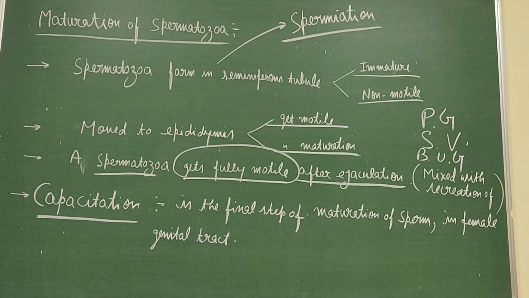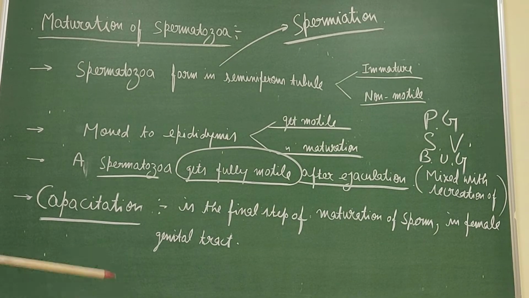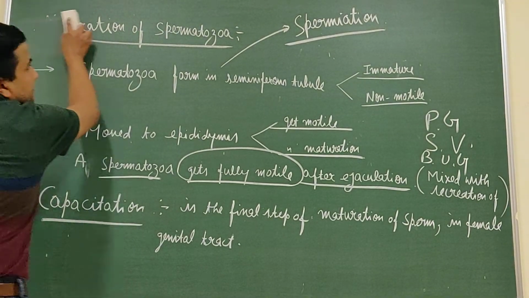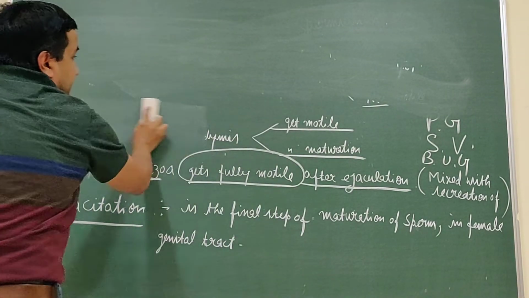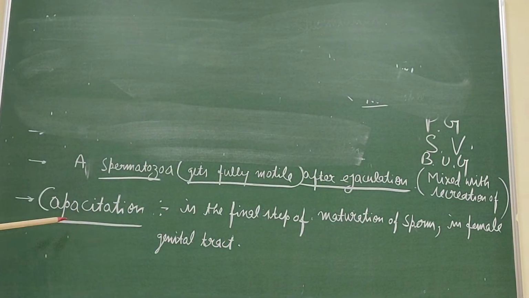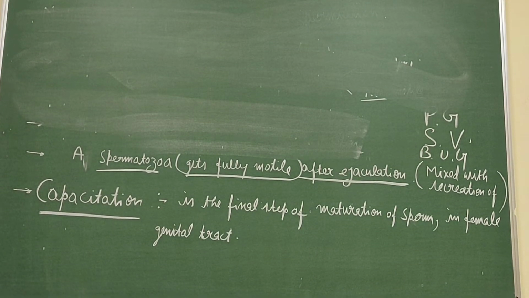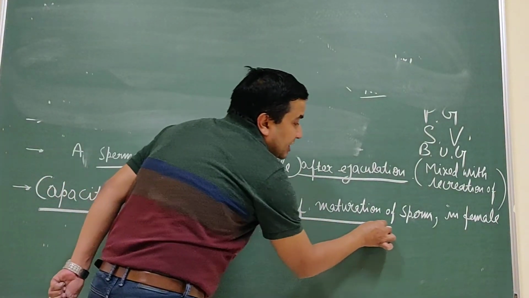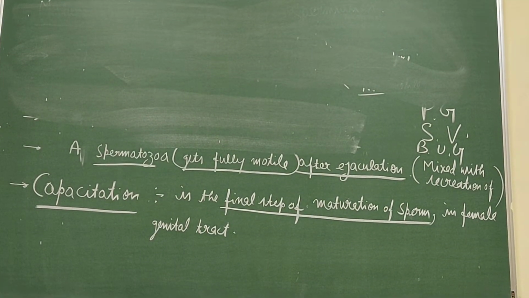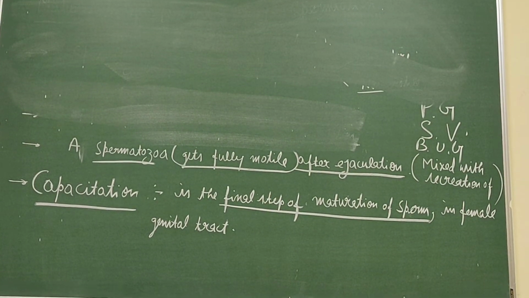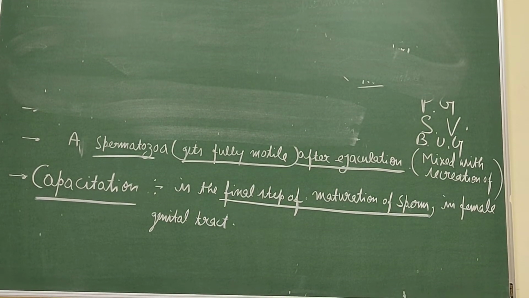Now, in the maturation of the spermatozoa, there is a term, that is capacitation. Short notes are generally asked in the examination about capacitation. What is capacitation? It is the final step of the maturation of the spermatozoa. Now, where does it occur?